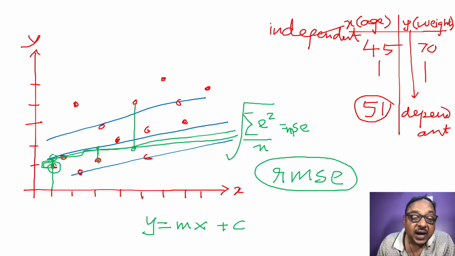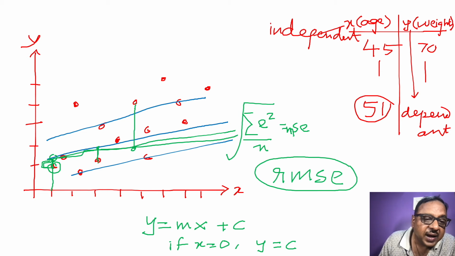Now in this line, if you notice, supposing I make x equal to 0, then y is equal to c.